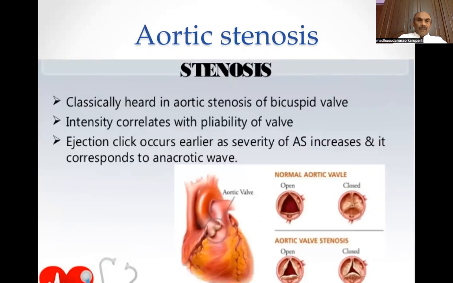Classically, you can appreciate the click in aortic stenosis with a bicuspid valve, and intensity correlates with the pliability of the valves. The valve should be pliable in order to generate clicks. The earlier the ejection click to the first sound, the more severe the aortic stenosis.